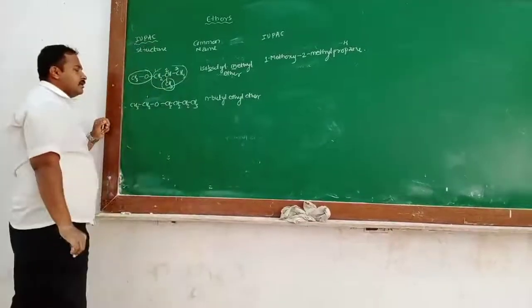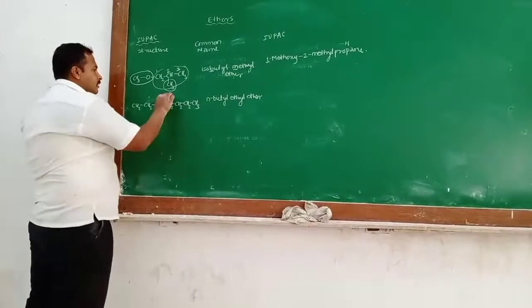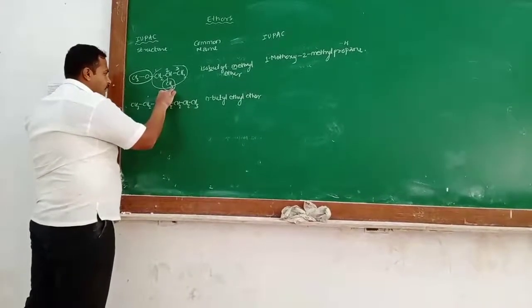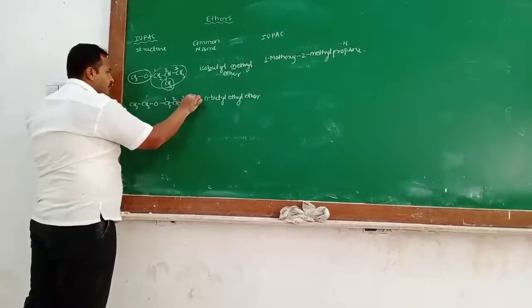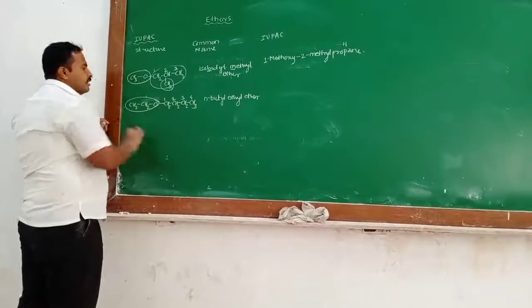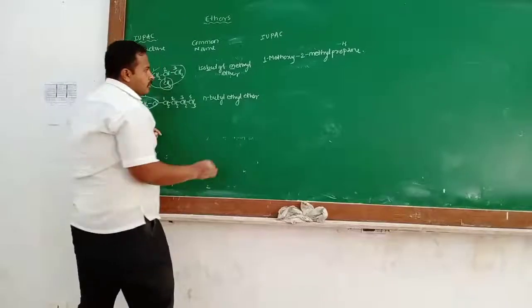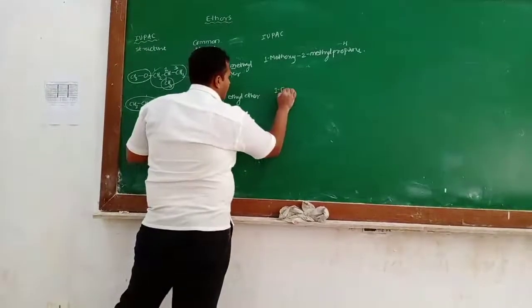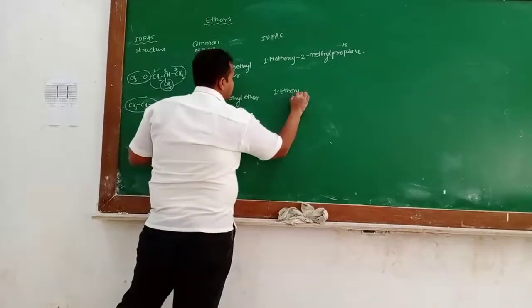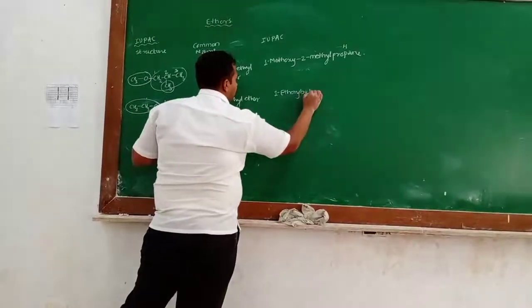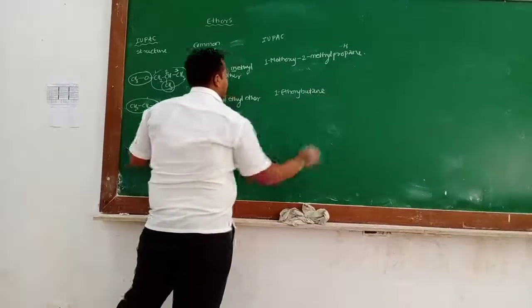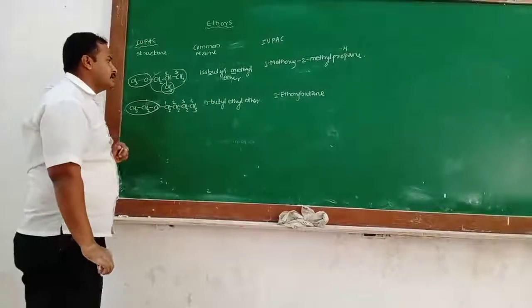For the IUPAC name, number the longest chain 1, 2, 3, 4. It is an ethoxy group. The IUPAC name is 1-ethoxy butane. Keep this in mind.